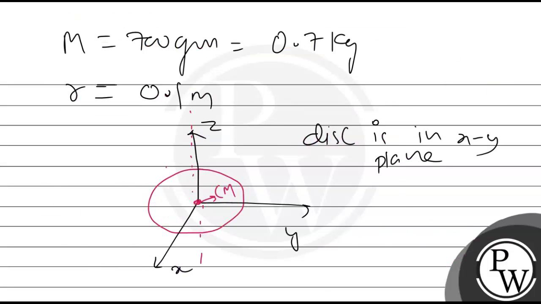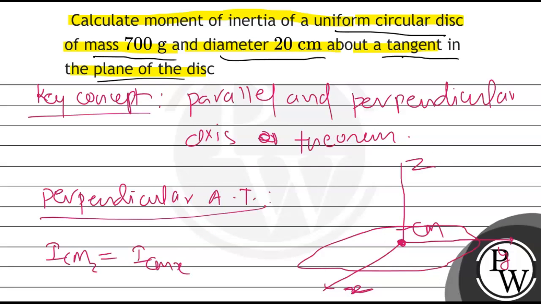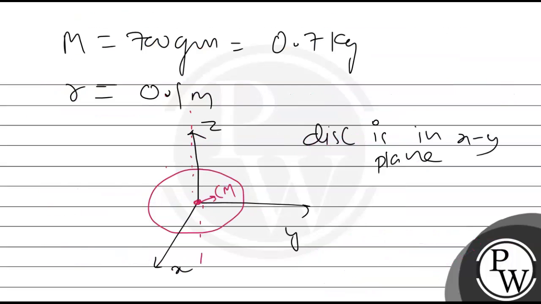We need to find the moment of inertia about a tangent in the plane of the disc. This is the plane of the disc, and this is the tangent which is in the plane of the disc. We need to find the moment of inertia about this, which is I dash.